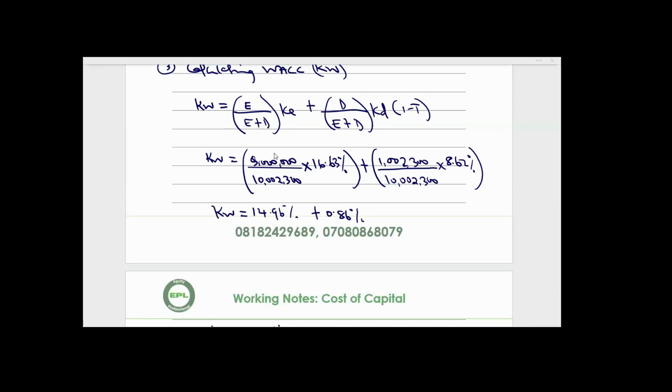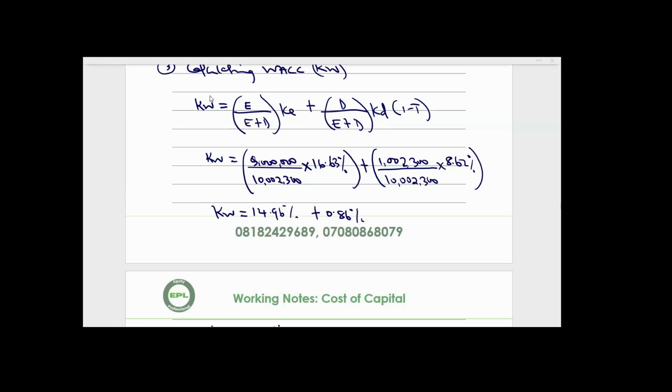Okay. So in the absence of further questions, this is where we are going to call it a day. Like I said, in our next class, we are going to solve 2 more additional illustrations under this. Then thereafter, we move to project-specific cost of capital.